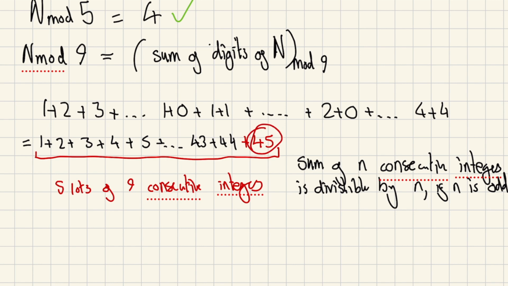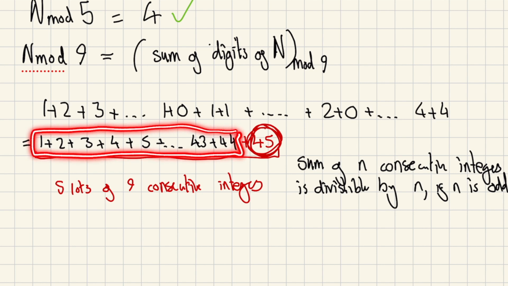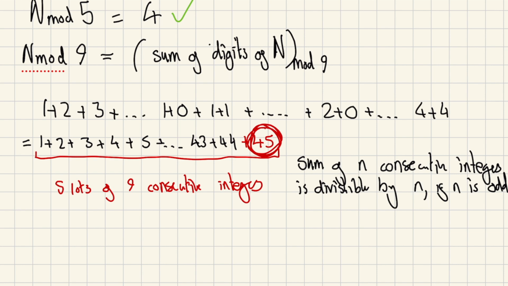Well, it is also divisible by 9. So if the result was divisible by 9 and the thing we added on was divisible by 9, then the original sum must also be divisible by 9. So this all just goes to show that n mod 9 equals 0.